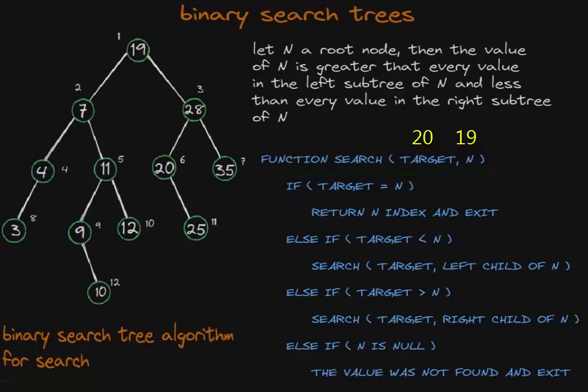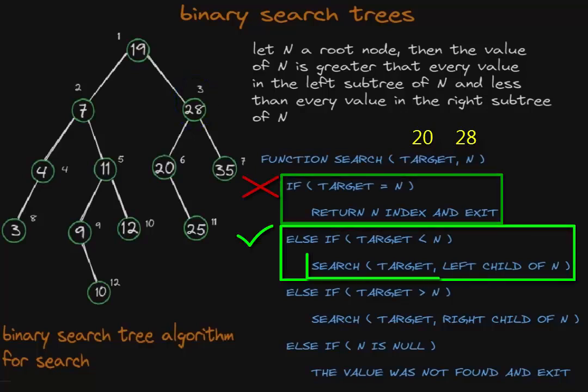20 is not equal to 19, so this will not be executed. Next, 20 isn't less than 19, this will not run either. Next, 20 is greater than 19. Here we call the search function again, this time with 20 and 28.